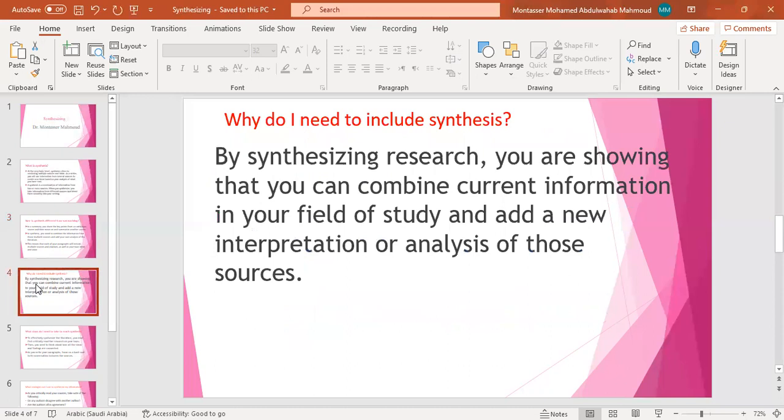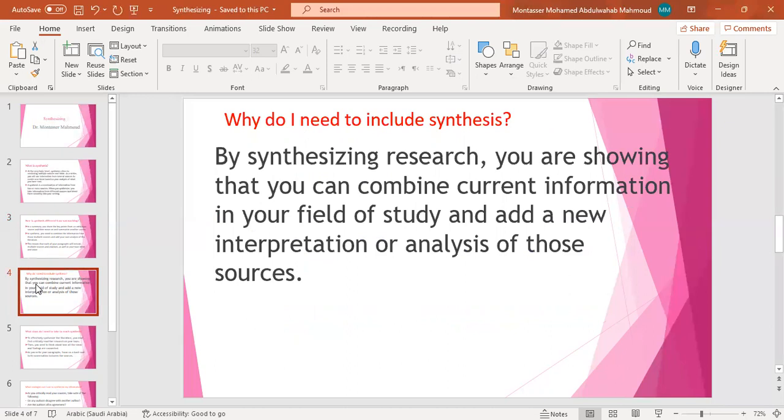So why do you need to include synthesizing? Because when you are synthesizing, especially in your research paper or your essay writing, you are showing that you can combine current information in your field of study, engineering, medicine, humanities, and add a new interpretation and a new analysis of those sources.